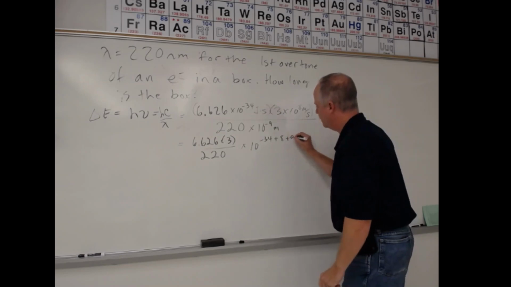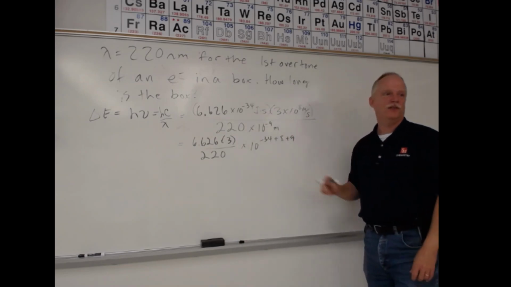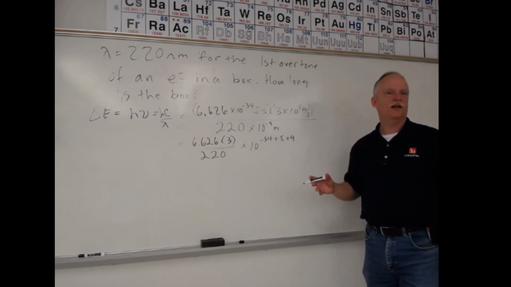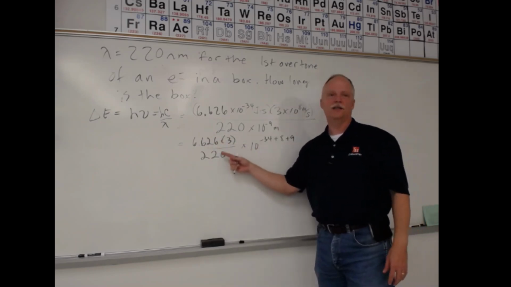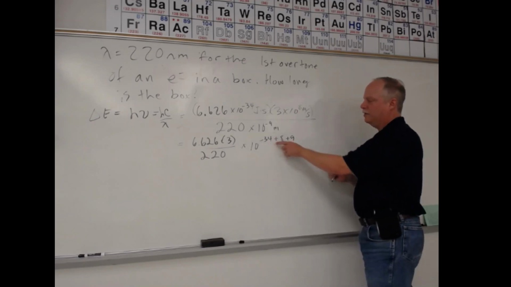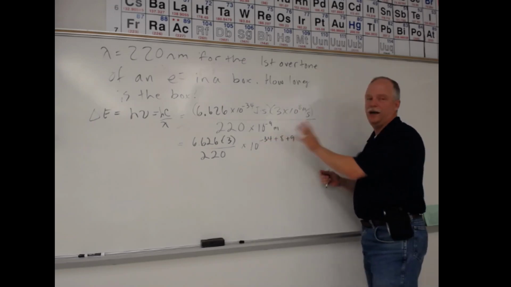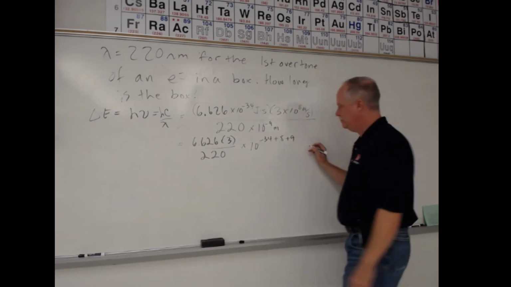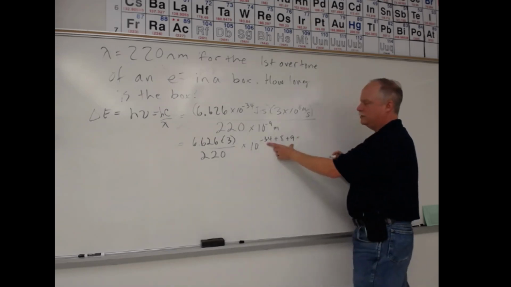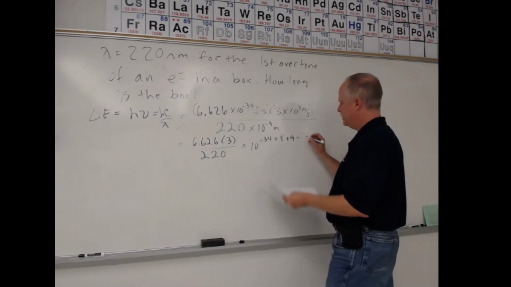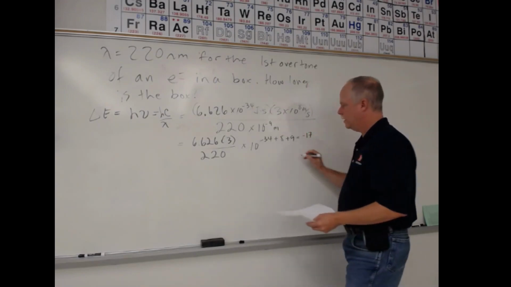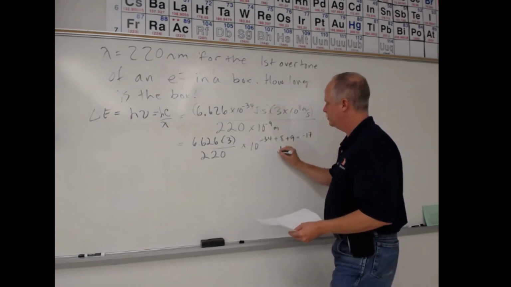Okay, plus 9. This keeps you from destroying yourself on your own calculator. I can do that without making very many mistakes. And then I can take negative 34 and add 9 and add 8. In fact, let's do this little piece right here. To save time, I've got it written down. Minus 17, and this is joules.